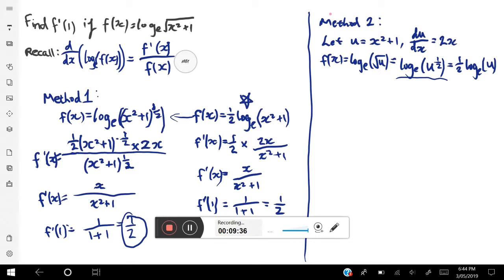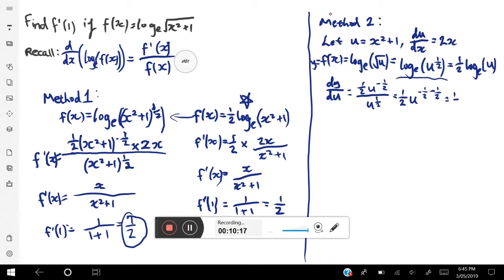If we go from this one though, dy du, differentiating y in terms of u, because f of x here we're saying is y. So that's equal to a half u to the negative half over u to the half. So then that's a half times u, so the top is u to the negative half. Then since divided by u to a half, it means minus a half. This is just indices laws again.